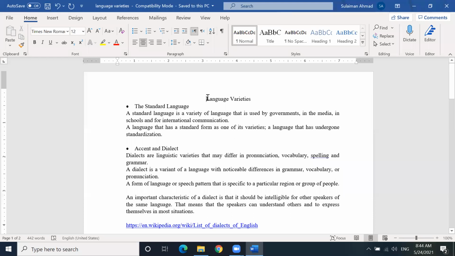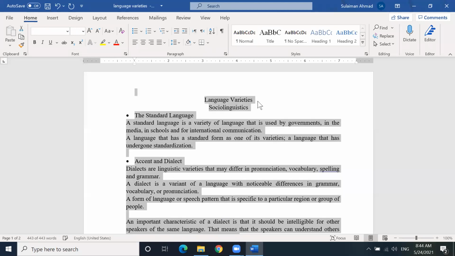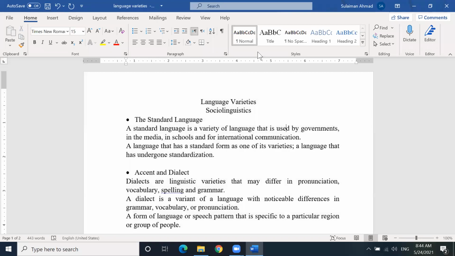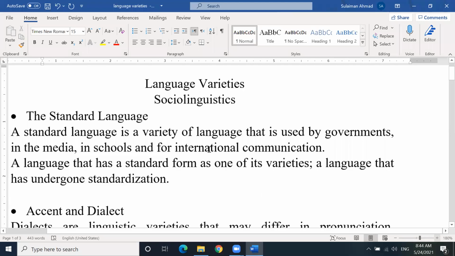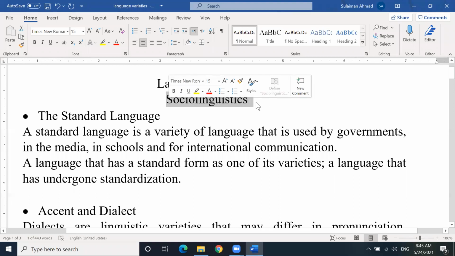This is a lecture, a topic which comes under the ambit of sociolinguistics, right? Can you see it or should I zoom it in? Okay. This topic, varieties, comes under the ambit of a branch of linguistics which is known as sociolinguistics.